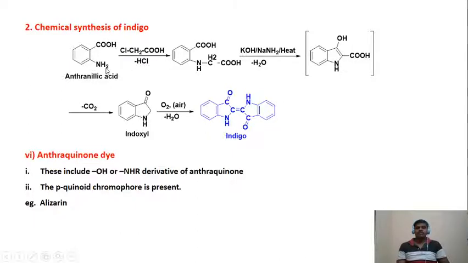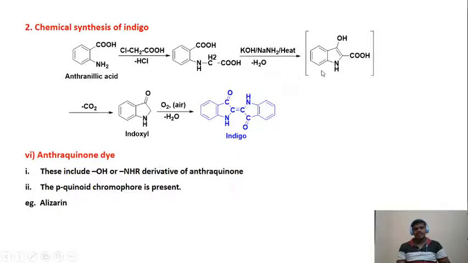H from this and Cl from this group get removed to give this compound. The COOH is over here, and one H from the NH2 combined with the Cl of this group, and this group directly gets attached to the nitrogen.